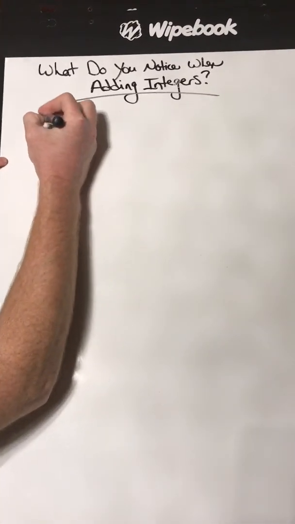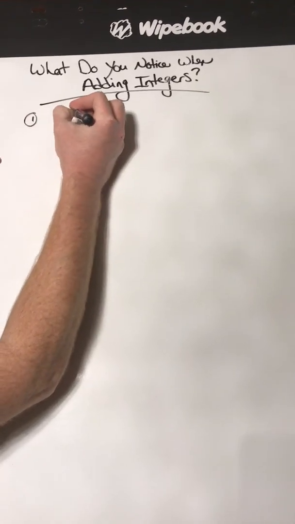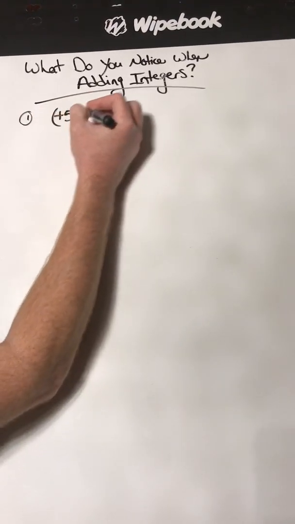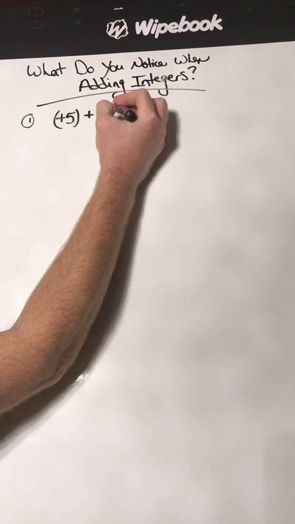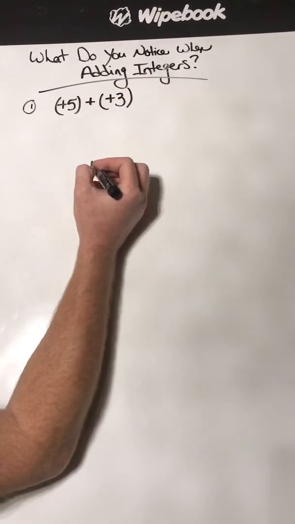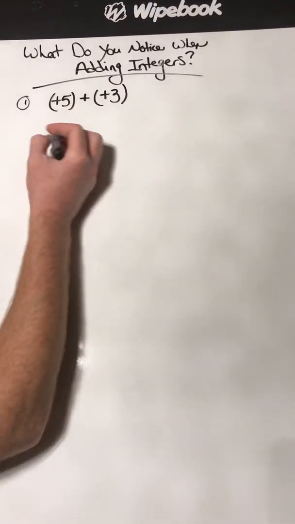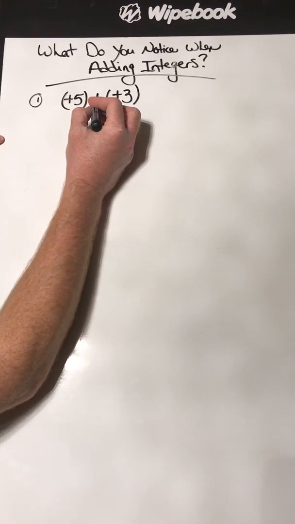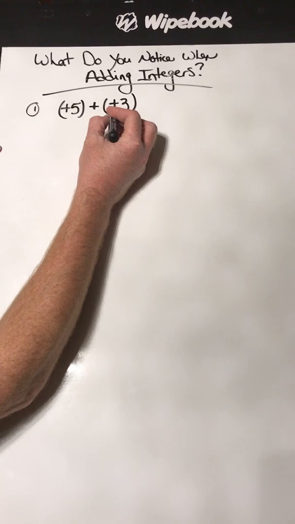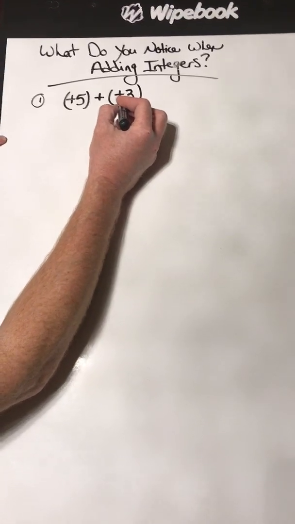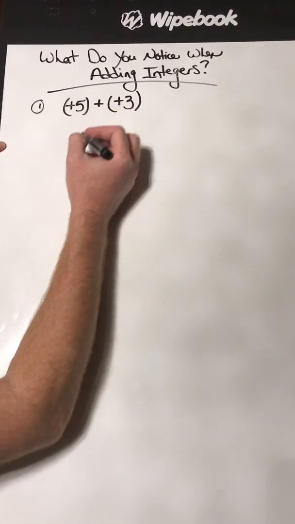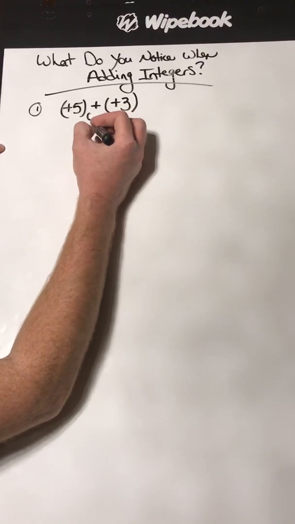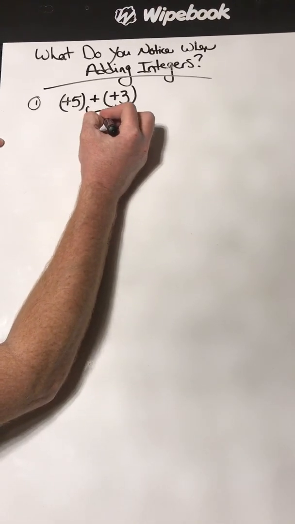The first question that we had was positive 5 plus positive 3. What we see here is that we have the addition operation symbol, a plus, but we also have a plus, or a positive, on the integer number. So these two are the same. They have the same sign.